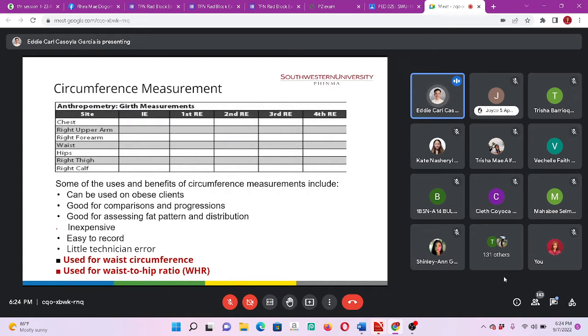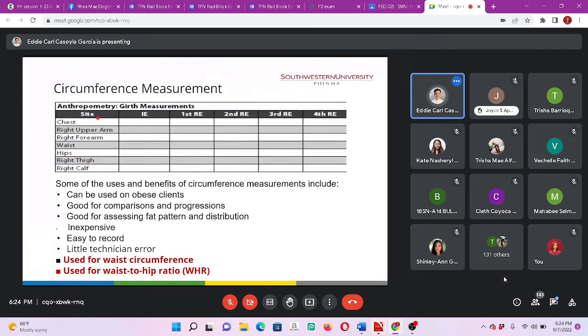The second one is what we call the circumference measurement or the girth measurement. All you need to do, class, is to stand. Stand without doing any movements, and your assessor will be the one to get the measurement.